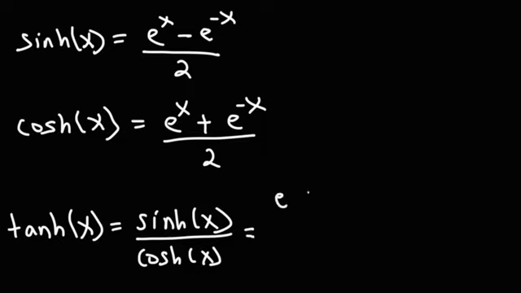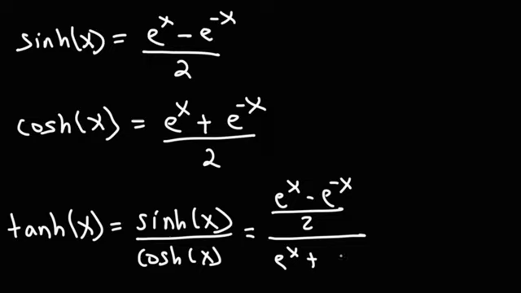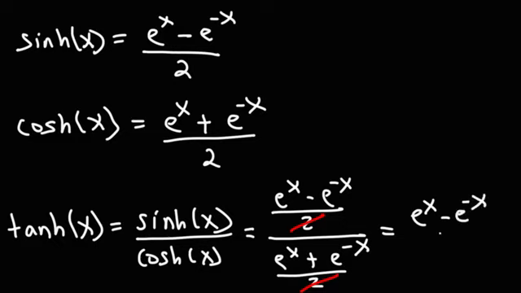So if we were to take hyperbolic sine in its exponential form and divide it by hyperbolic cosine, we would get this. This is another form of hyperbolic tangent. e to the x minus e to the negative x over e to the x plus e to the negative x.